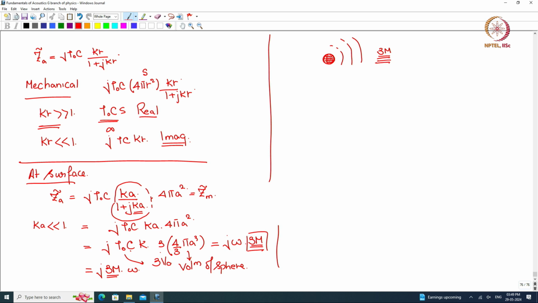The whole universe is looking like a mass, and mass is not a dissipative element. Only a damper is a dissipative element, not even a spring is a dissipative element. So this universe looks like a mass to this small monopole, and so it can't radiate sound. It's an inefficient radiator.